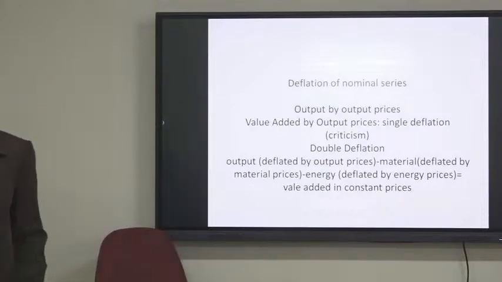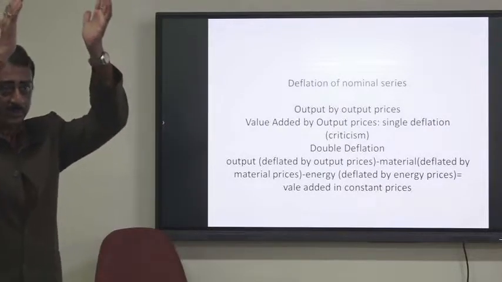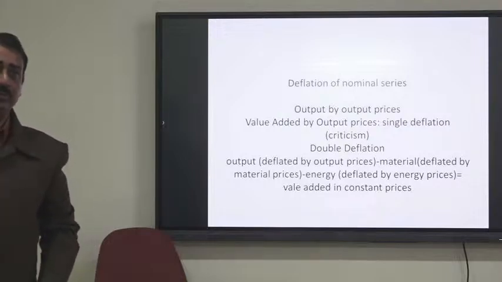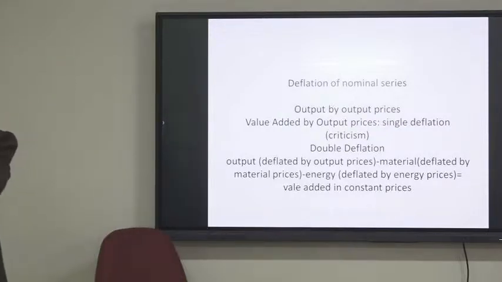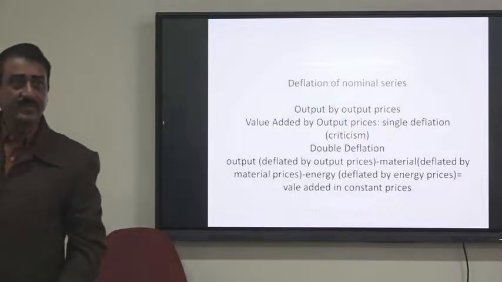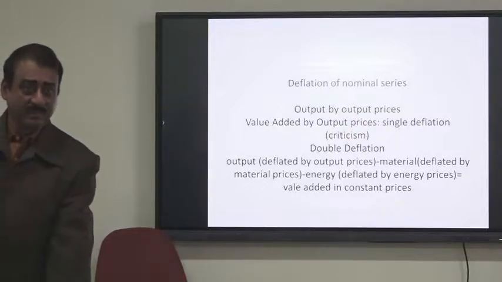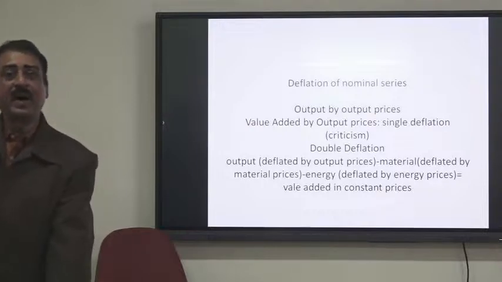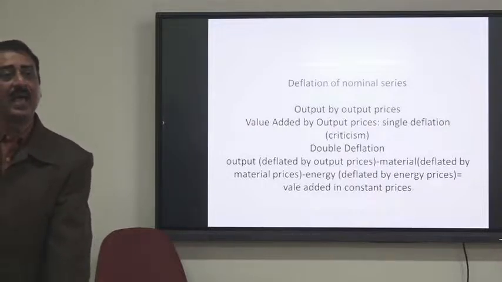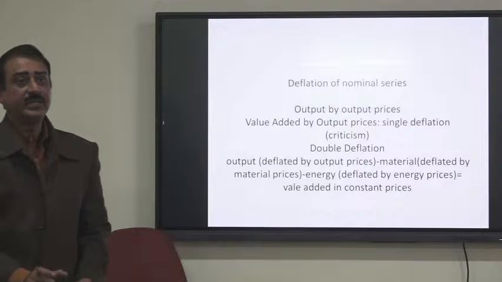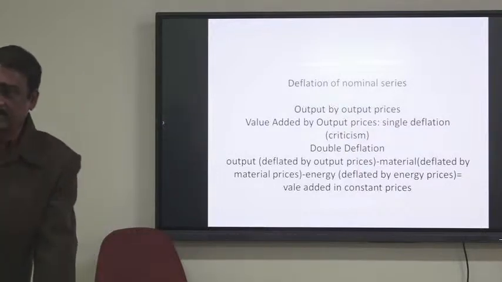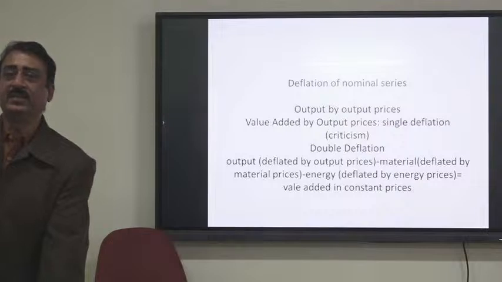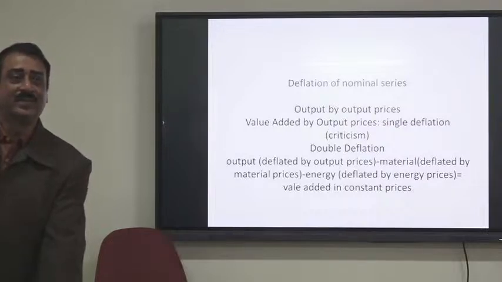What you do in the double deflation method is take the output series and the output price, and deflate it. You take the materials for a given industry separately, take the material price, deflate the material quantities by the material price index, and then from the deflated output series, you net out, deduct the deflated material series.